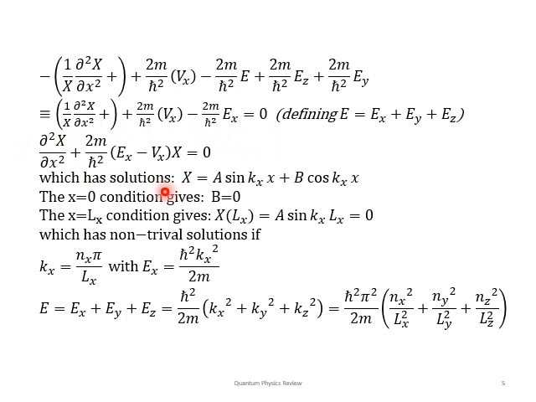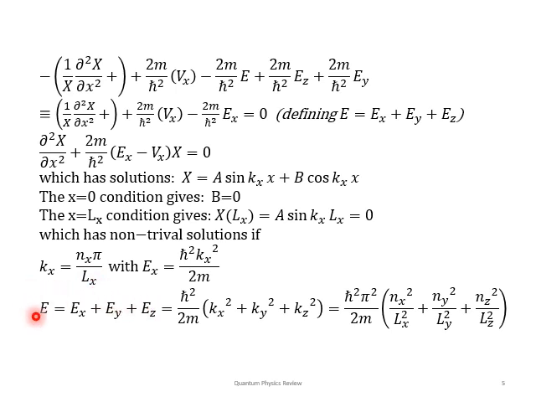Go forward and solve that in exactly the same way, exactly the same situation with respect to the boundary conditions, and we find out that E sub x is equal to h bar squared k_x squared over 2m, and k sub x is quantized, integer n sub x times pi over L_x.